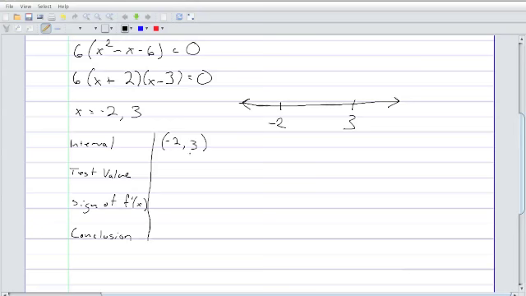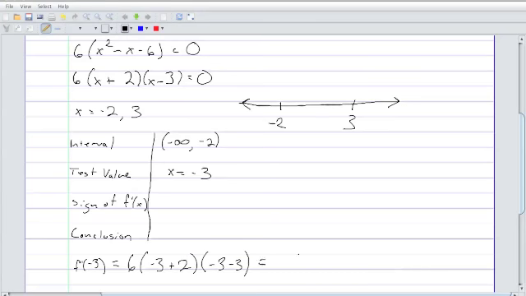Actually, let's back up. I'm going to start off with negative infinity to negative 2. I can choose a test value of x equals negative 3. If we look at the sign of f prime of negative 3, that's going to be 6 times negative 3 plus 2 times negative 3 minus 3.